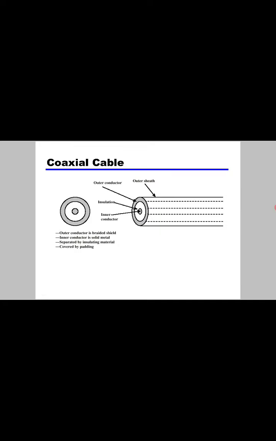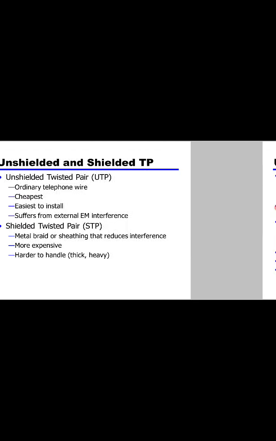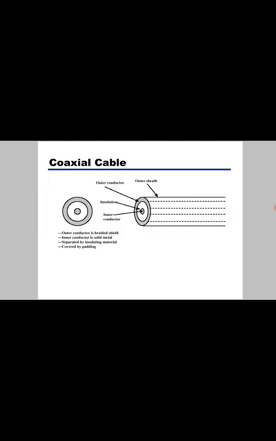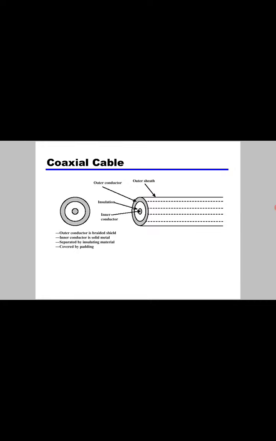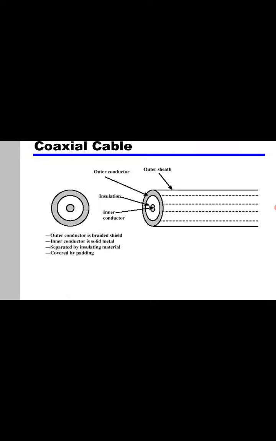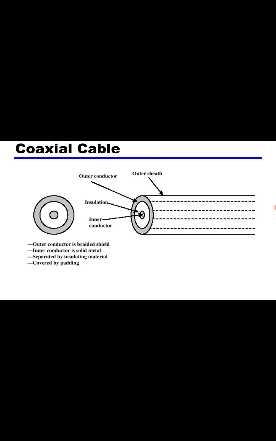Coaxial cable. The second type of cable is coaxial. What are coaxial cables? This is the diagram. In coaxial cables, the outer conductor is a braided shield. The inner conductor is solid metal separated by insulating material covered by padding.